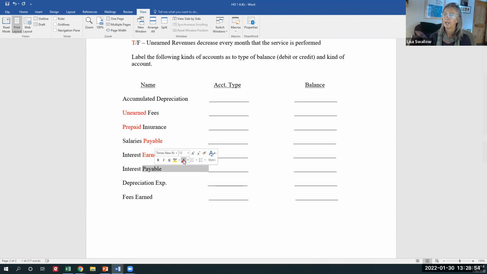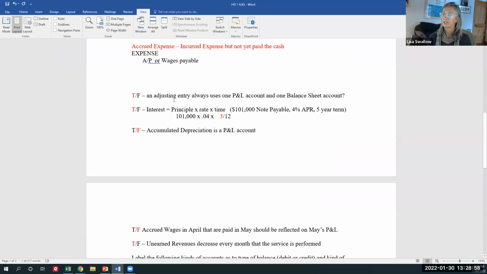Okay, here's that word payable again, interest payable. Remember, we just calculated that up here. I have an outstanding note and now I owe them some interest for 3 months. So 101,000 times 0.04 times 3 divided by 12.